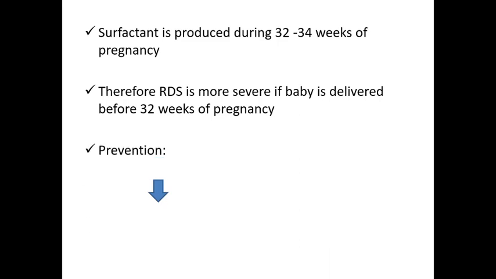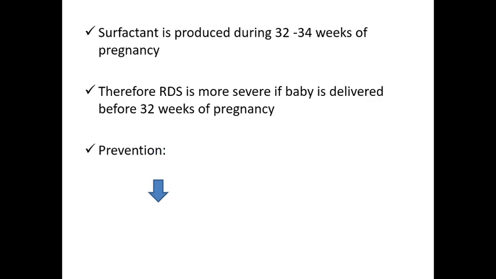Therefore, if babies are delivered before 32 weeks due to lack of surfactant, when they try to breathe, their lungs will try to collapse. This condition is what we call respiratory distress syndrome or hyaline membrane disease.